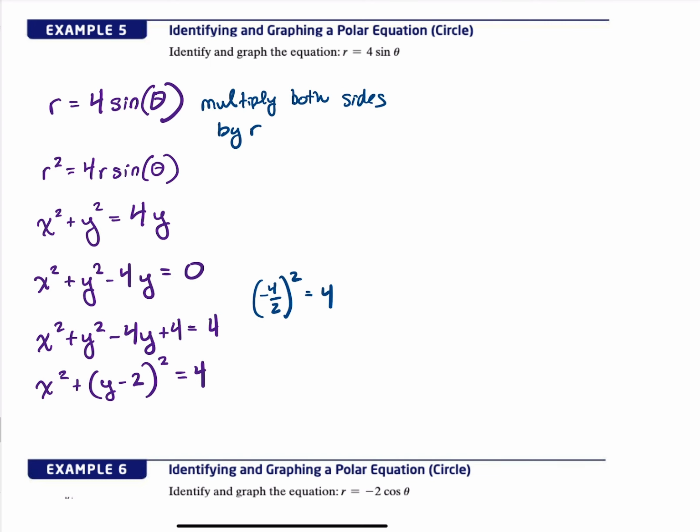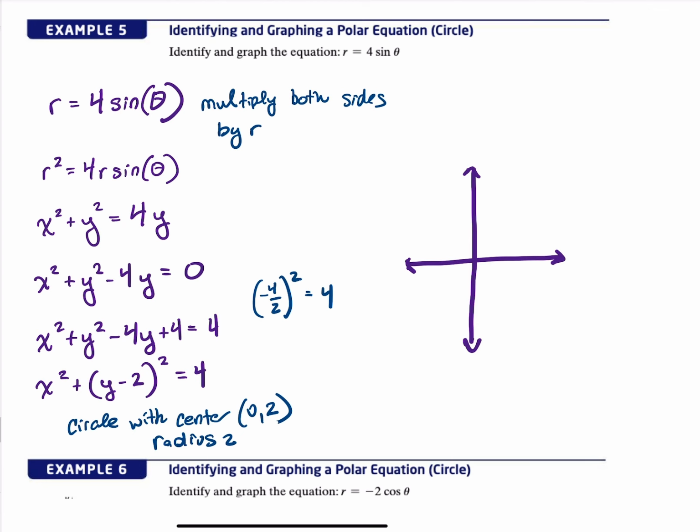So this gives us a circle with center 0, positive 2, and radius 2. So the center is up there at positive 2.